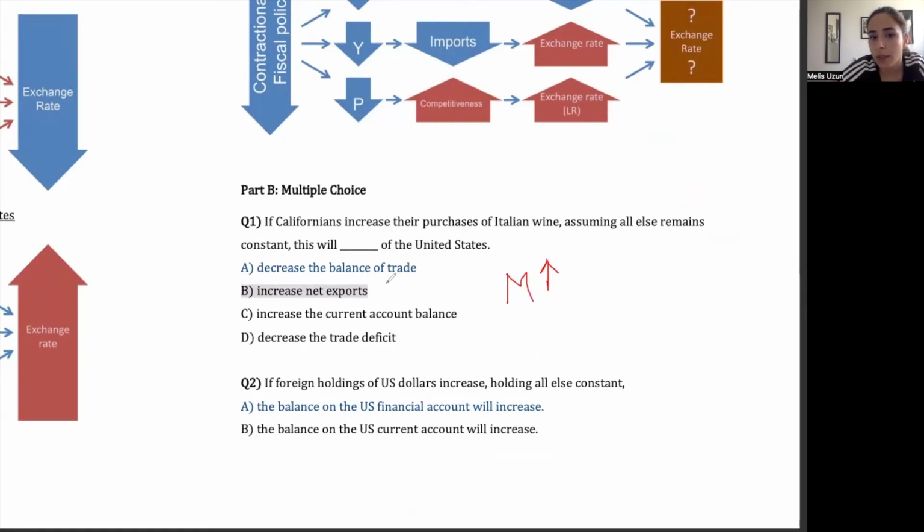So what was the net balance of trade? We have this, and if this increases, there will be a decrease in the balance of trade, because there is a minus sign. So option A is the correct one.